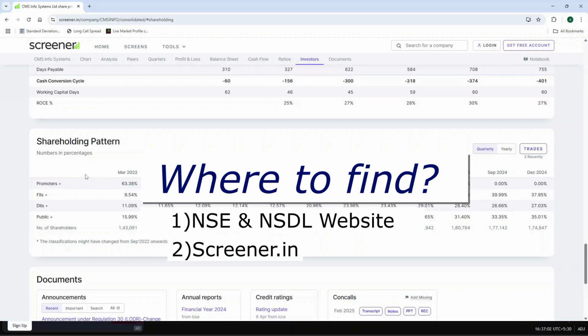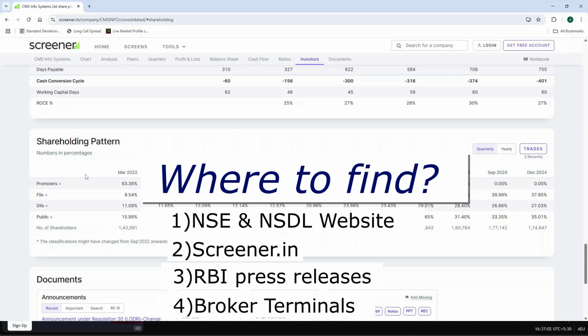And not only this, guys, try to follow these RBI bulletins. They publish the overall economic outlook. So based on the outlook itself, there could be changes in FII inflows and outflows. One more best thing is most of the brokers provide FII and DII data.